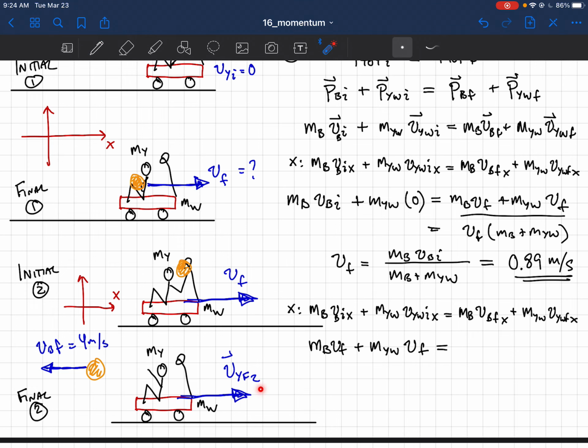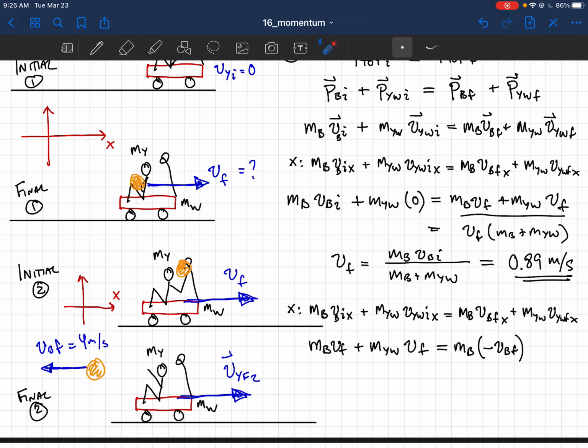Then we look at the final of the second case, and we have to look at what's happening here. This one gets a little bit tricky. So now we have m_ball, and we have the final velocity of the ball, meaning here. Well, that's a vector that points to the left, and that means that it has a negative x component. So this is going to be minus v_ball final.